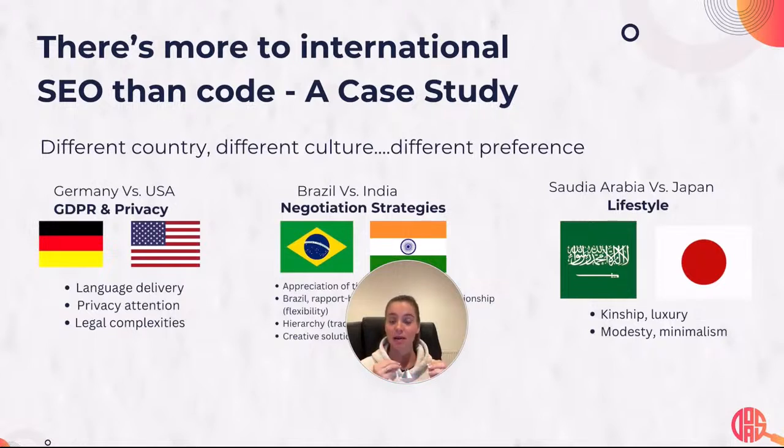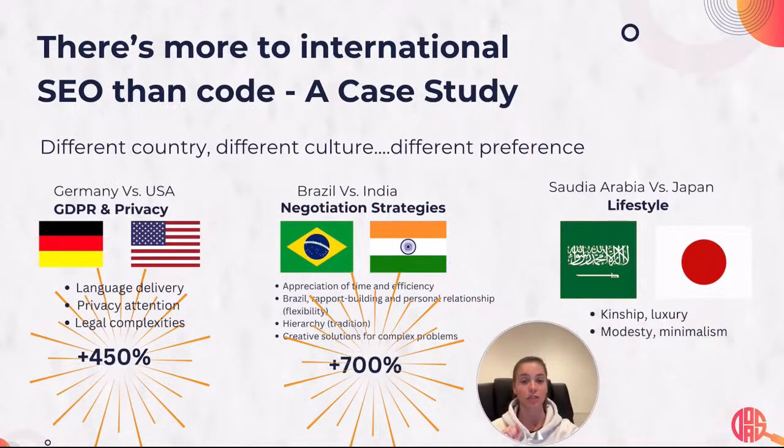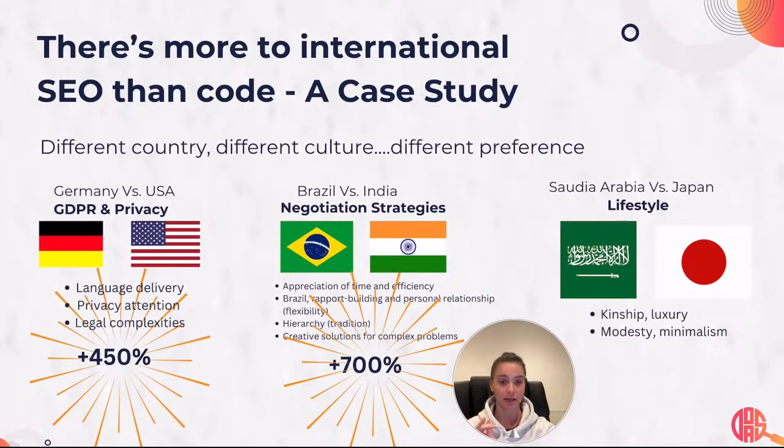This example is very cool because the growth was quite incredible for all three of these. After we rolled out our strategy, we saw a 450% increase in sessions to those commercial pages for the US and Germany. For Brazil and India, we saw an increase of 700%.